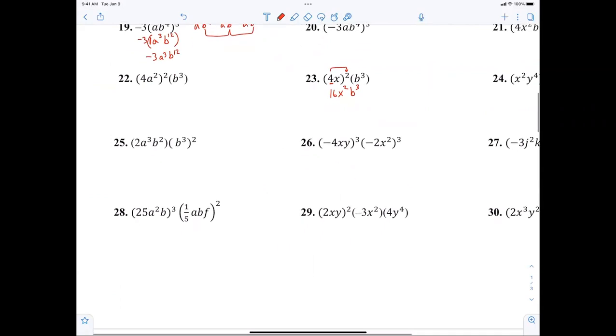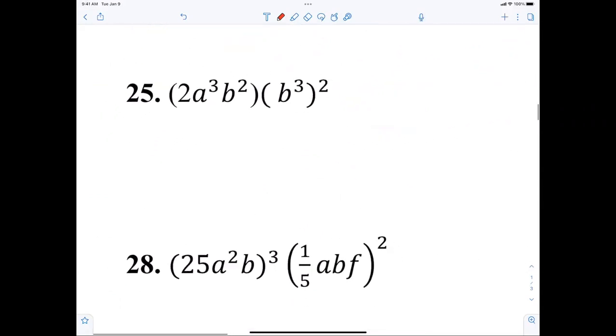All right, here we go, 25. Now when we do PEMDAS, you have to remember you have to do the exponents first, right? Exponents come before the multiplication. So Avery, I need you to tell me what this is. What is the rule?